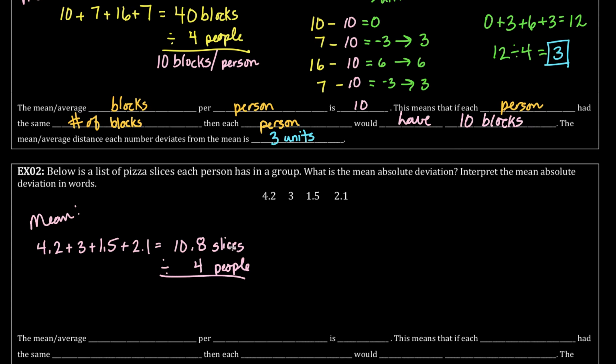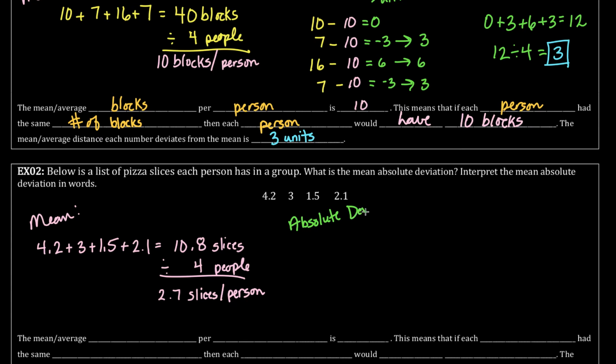So we get 10.8 divided by 4 is 2.7. So 2.7 slices per person.